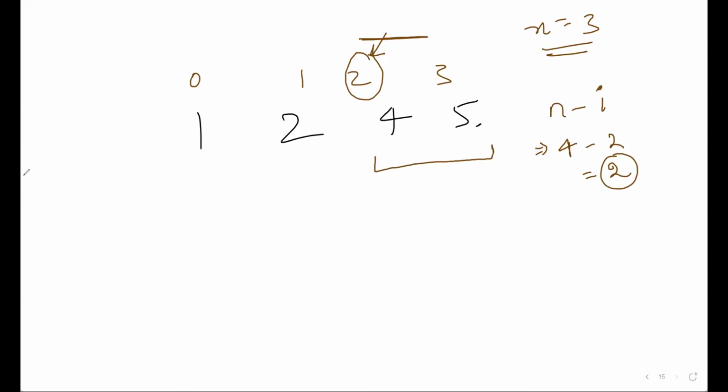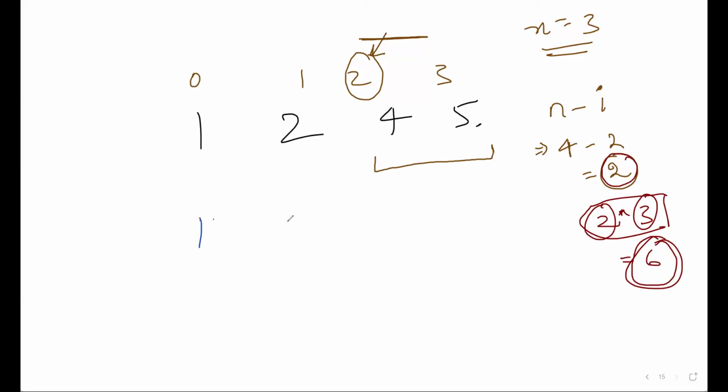And how you are going to find sum of those values? Sum of changed values is simple. 2 into 3. Number of elements and what is the value going to be? It is 6. So after changing those values, their sum will be 6. But what is their current sum? So with the help of prefix sum, we can find that: 1, 3, 7 and 12.